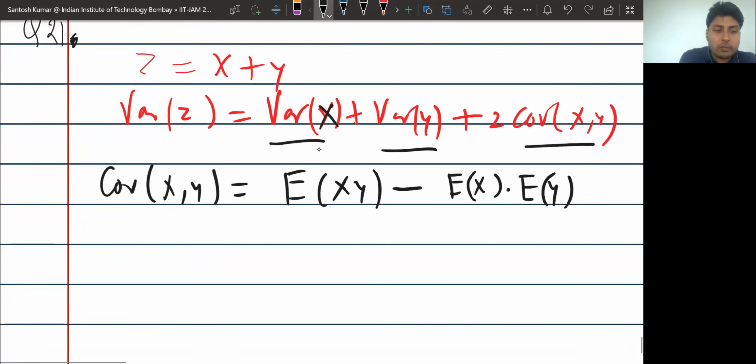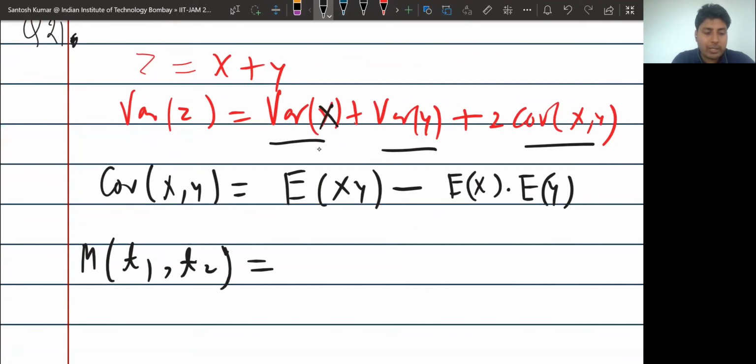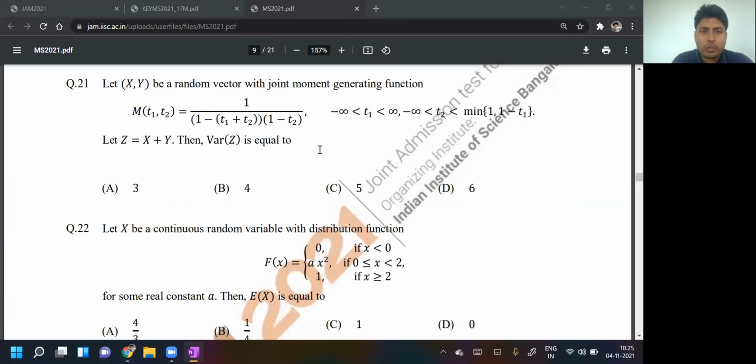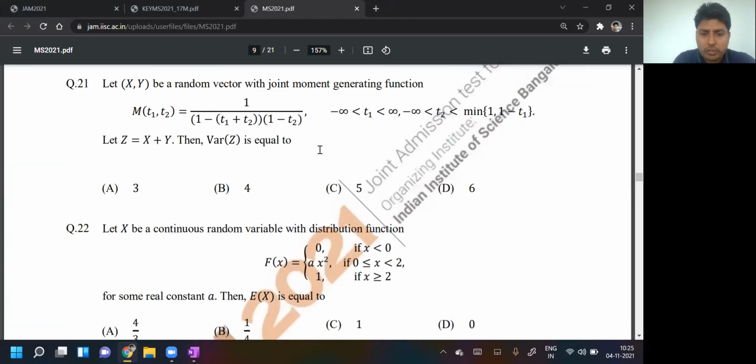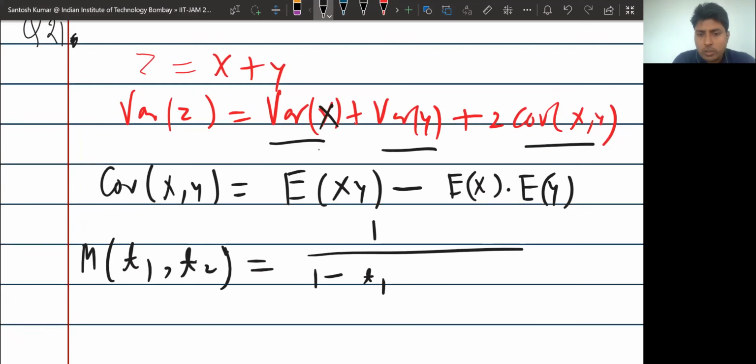Okay, so let us write the given MGF. M(T1, T2) is given as 1 upon 1 minus T1, so let me write it, opening it: 1 upon 1 minus T1 minus T2, writing this way, and into 1 upon 1 minus T2.